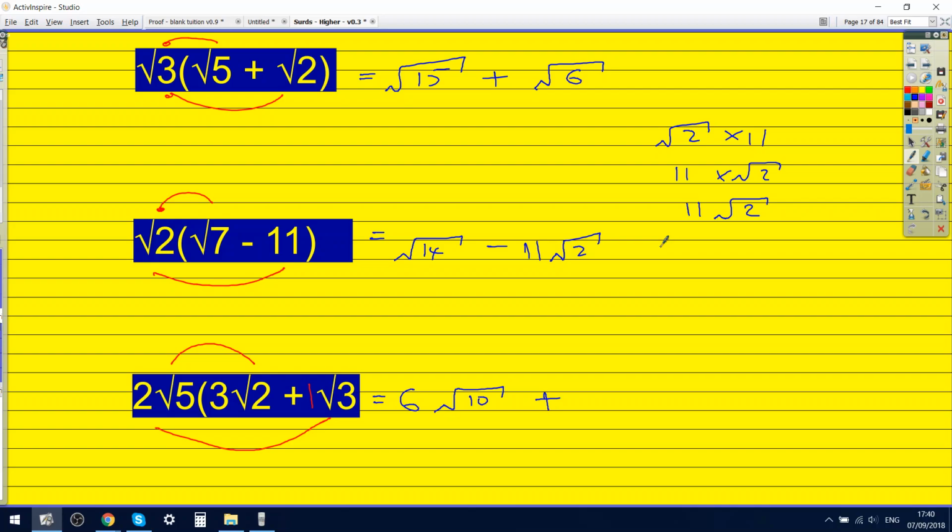No, that would be if it was root 2 times root 3. This is 2 root 5 times 1 root 3. So, wait, what? So it's number times number, root times root. 2 root 5 times 1 root 3.